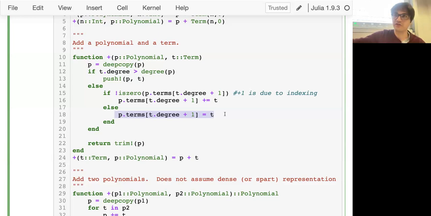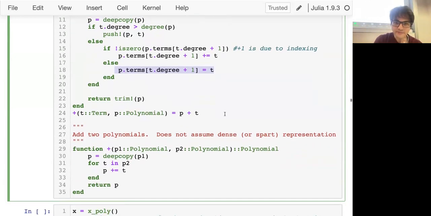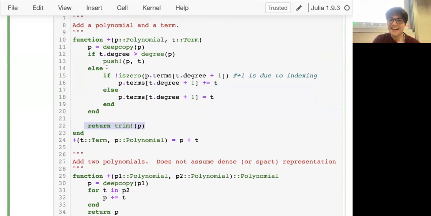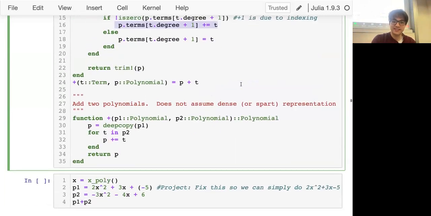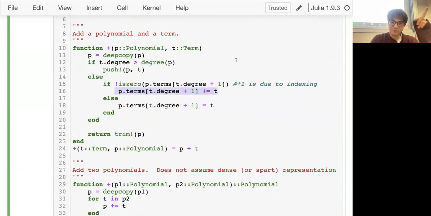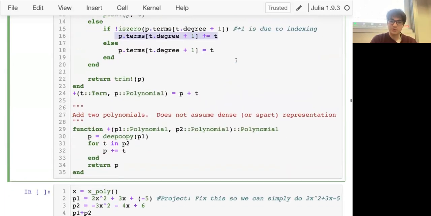You're not going to have that for your polynomial. And then this is an edge case provision to remove zeros that may have gotten introduced, because technically speaking, this could have produced a zero term, which we shouldn't have put into the system to begin with. So that's adding one polynomial to a term.